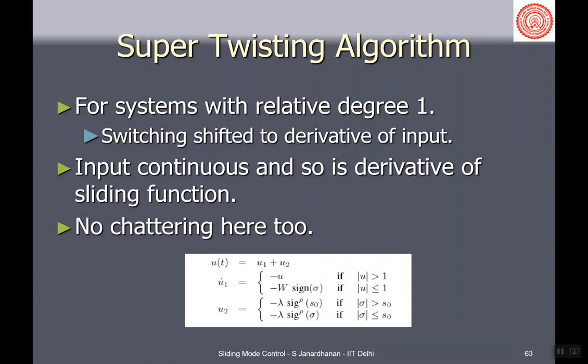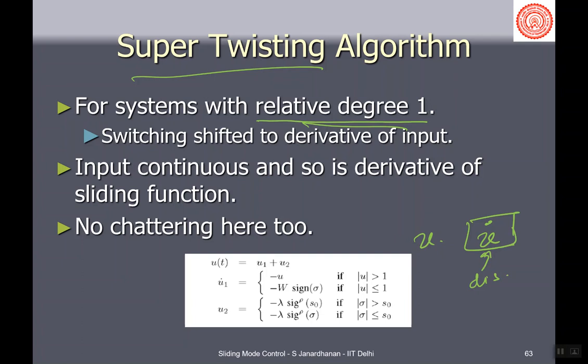There is another algorithm called the super twisting algorithm, which operates on systems of relative degree 1, that is, the input appears in the first derivative of the sliding function. The solution is that instead of designing u, you design u dot and make the discontinuity shifted to u dot.